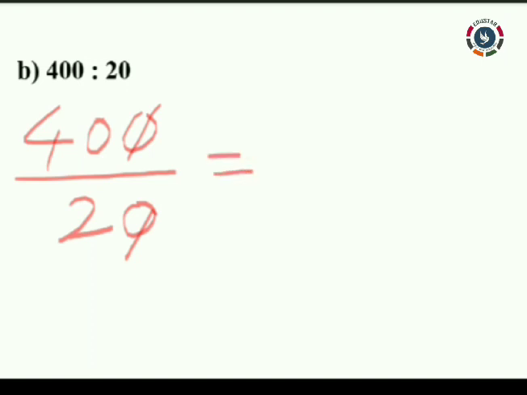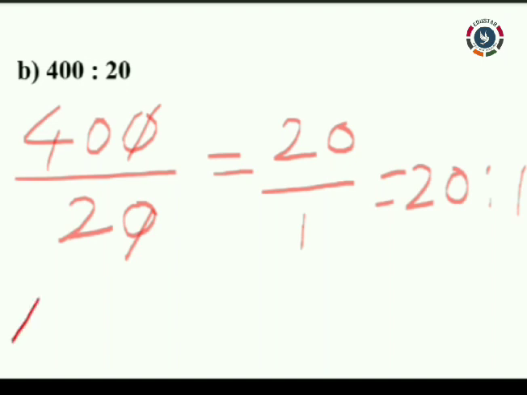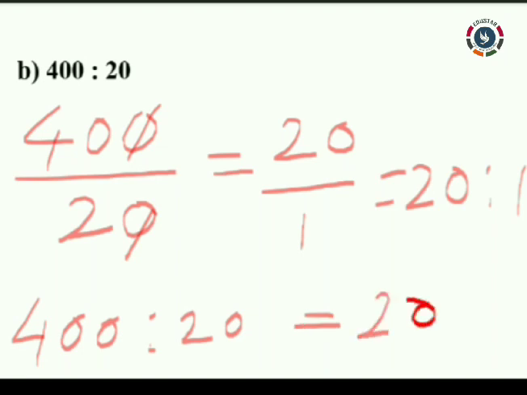Next check 40 and 2. Both are even numbers, so both are divisible by 2. You will get the answer as 20 by 1. How will you write the ratio? 20 is to 1. So 400 is to 20, which is equal to the ratio 20 is to 1.